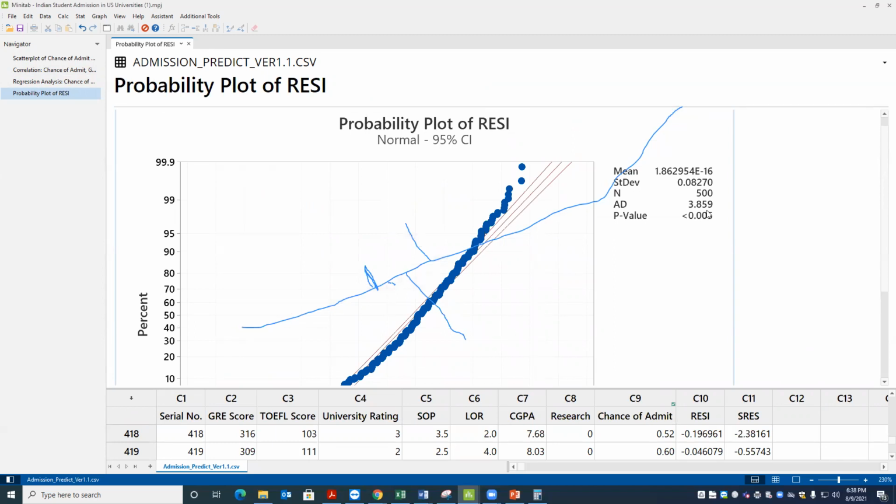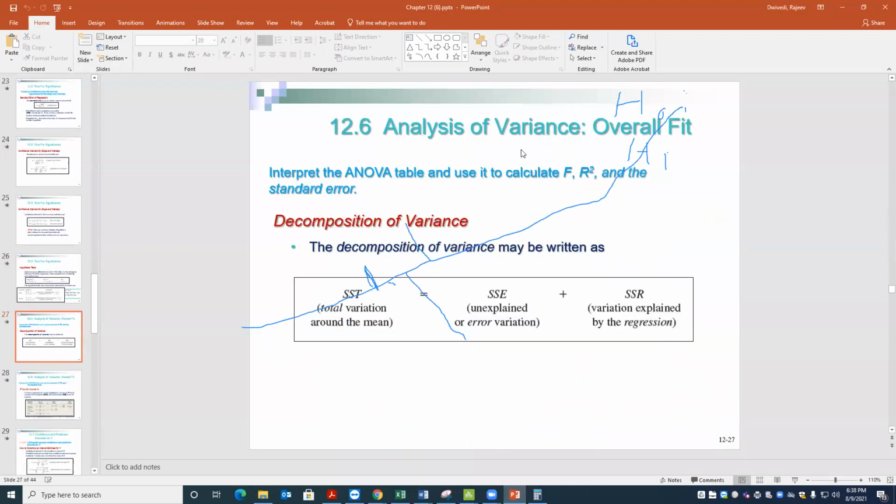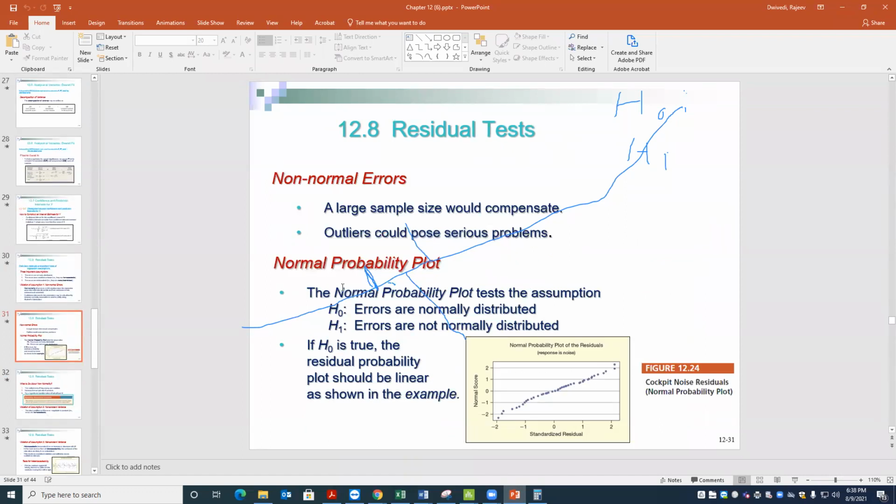So there is a p-value. Again, the H0 and H1: errors are normally distributed, or errors are not normally distributed.